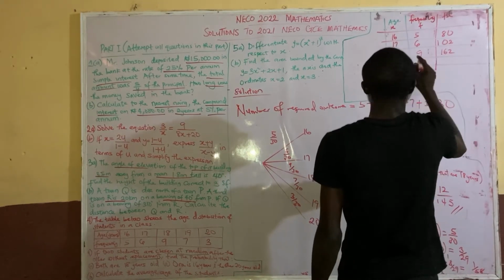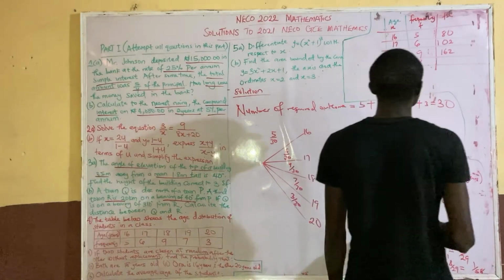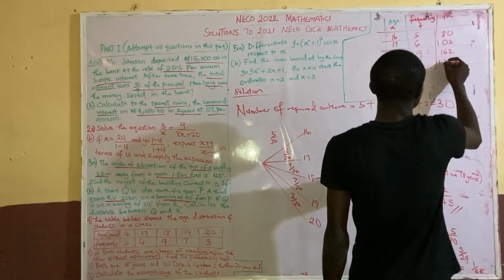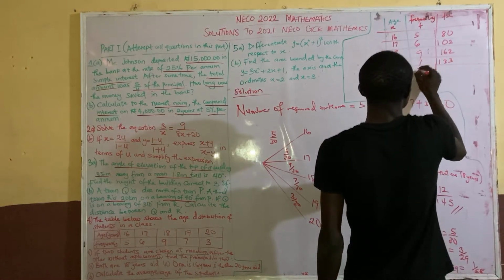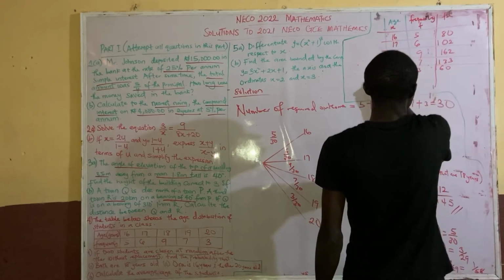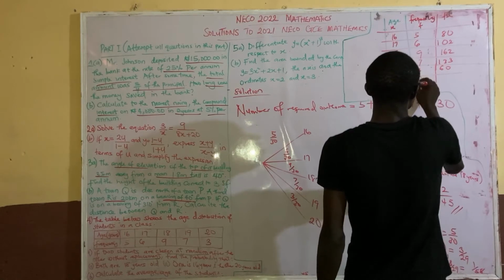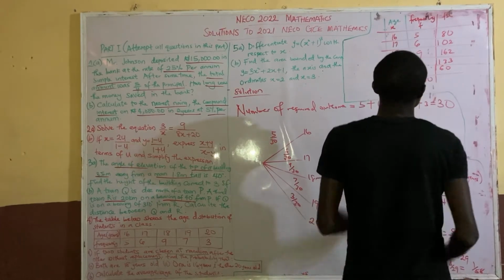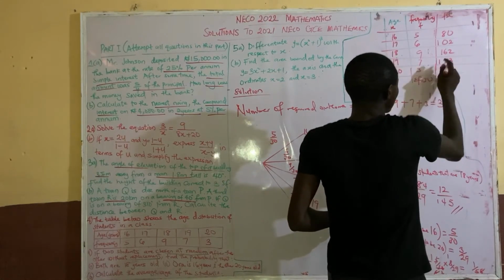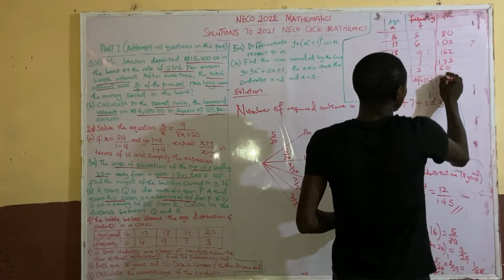So this is 19. 19 times 7 will give you 133. And the last one is 3 here. 3 times 20 will give you 60. When you find the summation f using the table method, summation f will give you 30. Add it up: 5 plus 6 plus 9 plus 7 plus 3 will give you 30. And this one will give you 537 as summation fx.